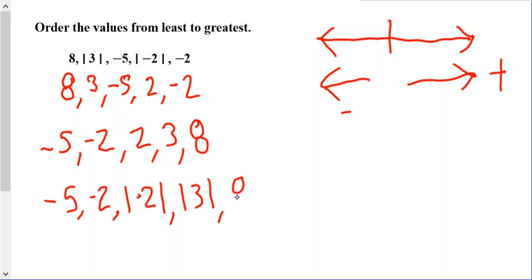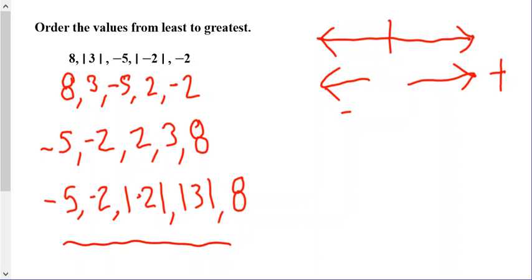And 8. Okay, so for your final answer, when you're working on these in practice problems, when you submit your final answer, it needs to be in this form. Okay, so you can get rid of the absolute value signs, find the absolute value first, and then once you go to submit your answer, you need to make sure that you put them back into absolute value.